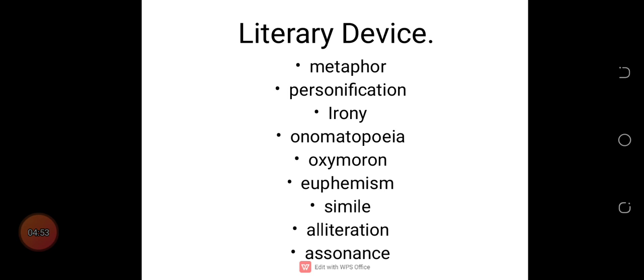Try to answer by providing meaning to those and see if you are still on track. On our screen we have metaphor, personification, irony, onomatopoeia, oxymoron, euphemism, simile, alliteration, and assonance.